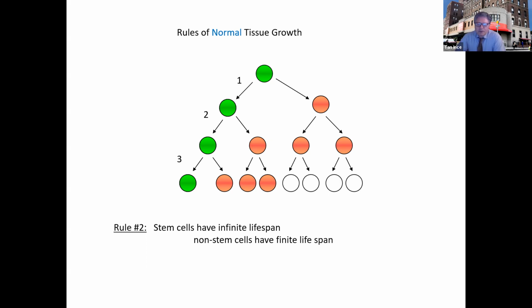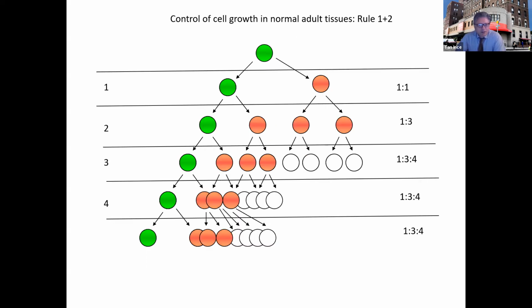So if you just use these two rules and run the scenario over and over again, something interesting happens. In the first division, the ratio of red to green cells is 1 to 1. In the second division, red to green is 1 to 3.